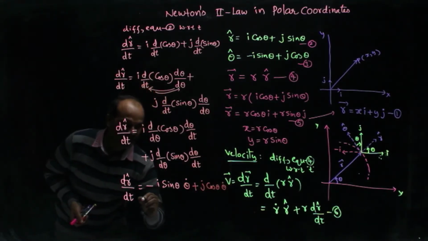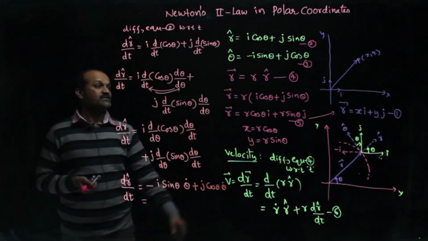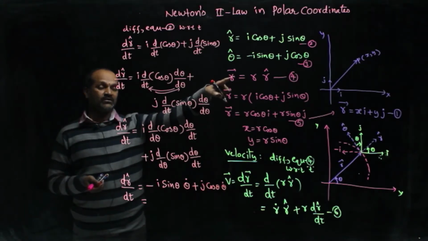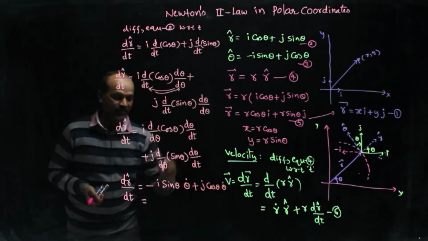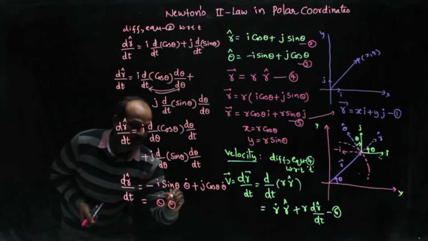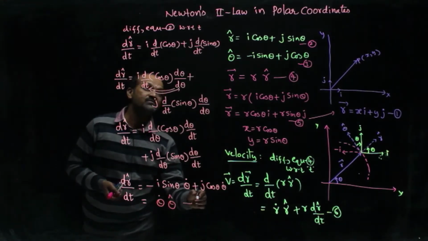If you take theta dot common, then you will get minus i sin theta plus j cos theta. Minus i sin theta plus j cos theta is what? It is theta cap. So this can be written as theta dot into theta cap. Equation 7, this is 7.